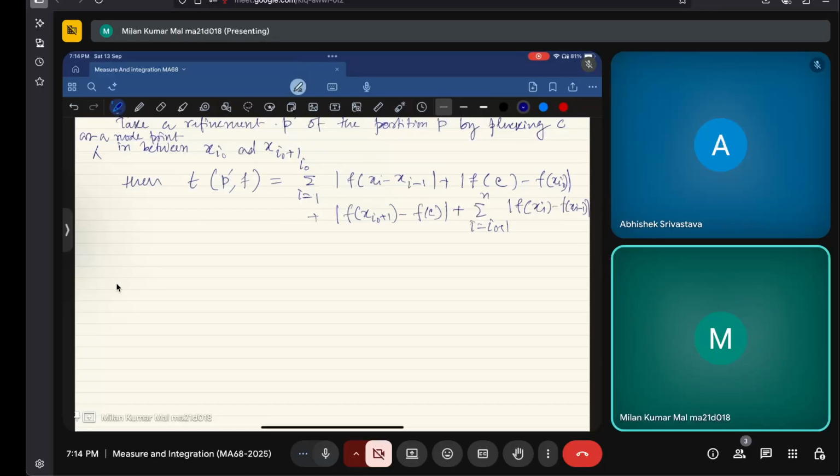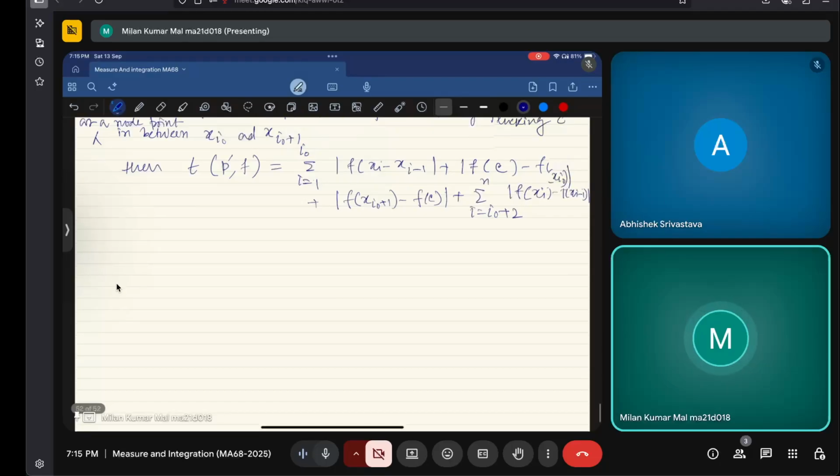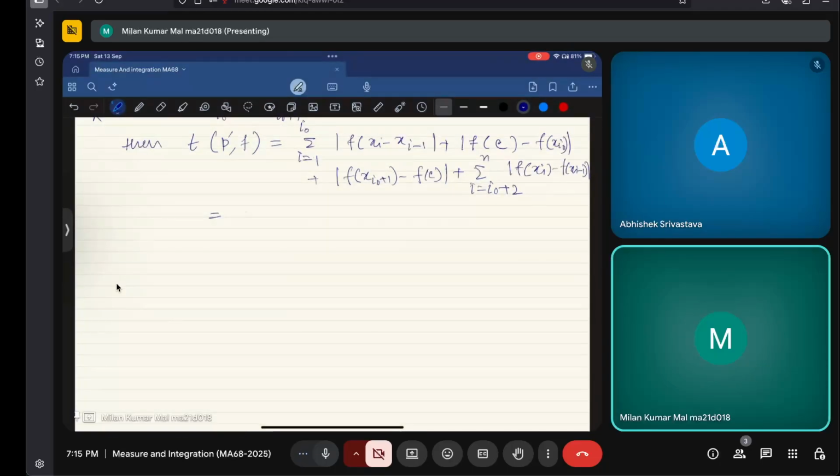Next one will be i0 + 2, okay, this will be plus 2. So this is the thing. And now this can be written as, this is not that. Here is the thing.